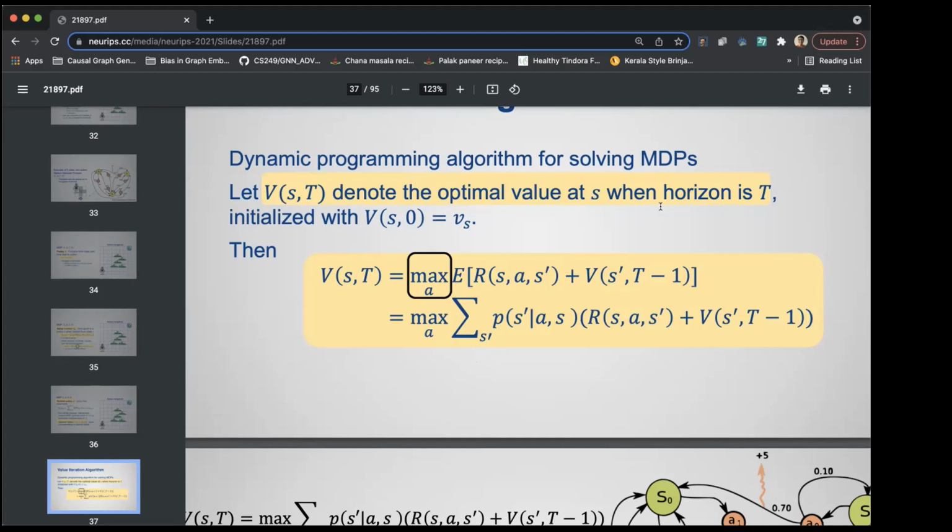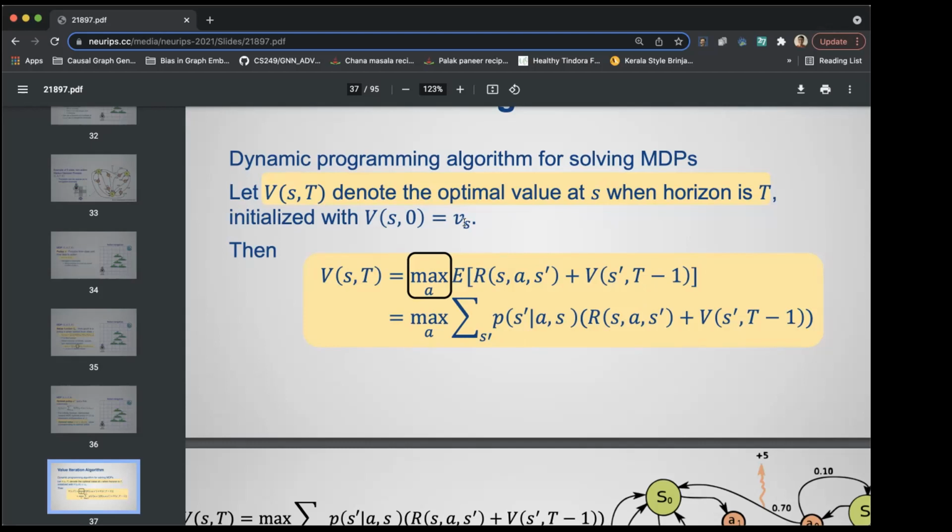We have a recursive relation here: for V(s,t), we choose the action that maximizes our expected reward, which is the expectation of the reward if you're at a state s, taking an action and ending up in a state s prime, plus the value of starting at this next state s prime with t-1 steps left to reach the end of your path. So hopefully home, but just some length t path. We want to pick the action that maximizes this.